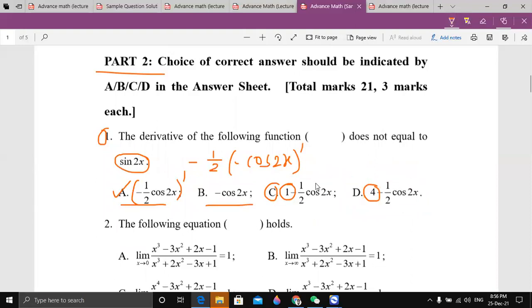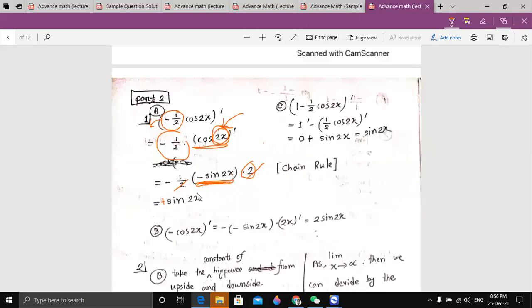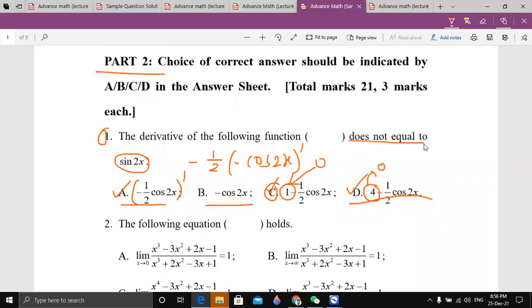As they are constant, the derivative of any constant is 0. So for number 1, A, C and D, their value is the same. Their value is sin 2x. We have to find which does not equal, right? So we have only option B left. So we can just say that B is correct.